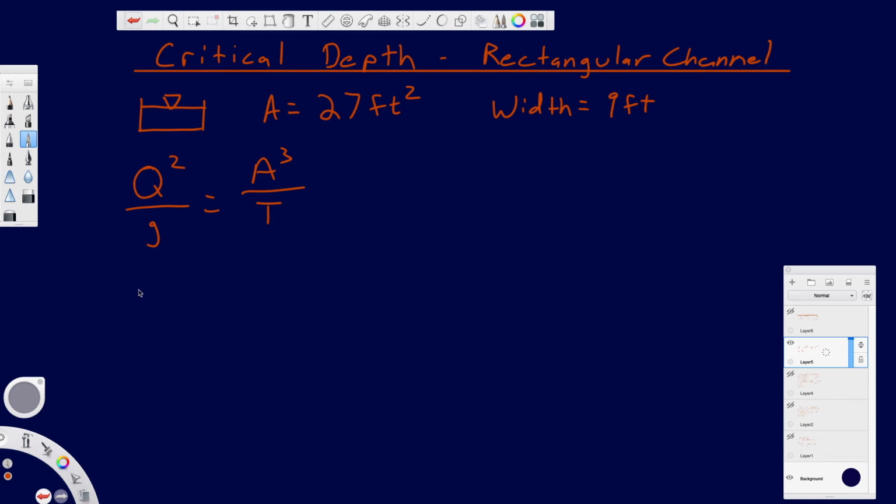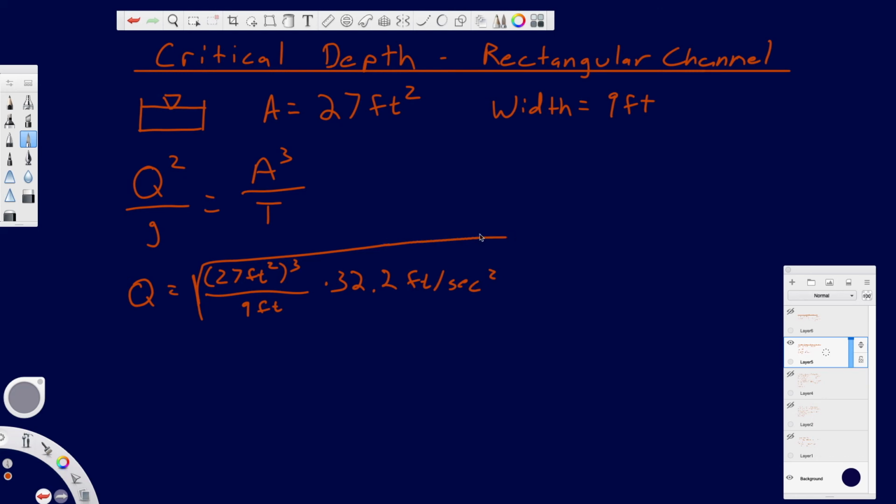So if we rewrite that, we'll have Q is equal to, in our case, for our example, we have 27 feet squared, and this is going to be cubed, divided by our width, which is 9 foot, times our gravity, 32.2 feet per second squared.